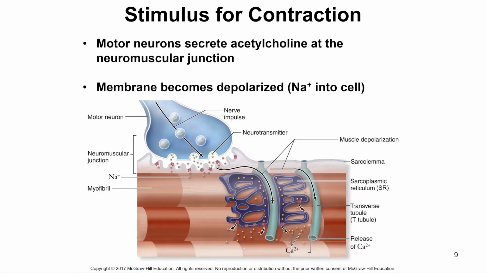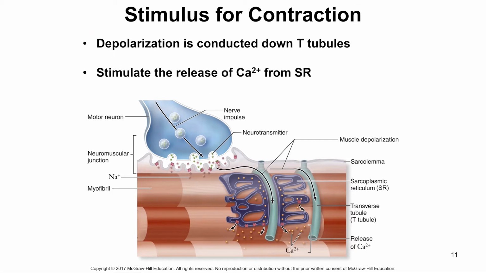So following that action potential in the motor neuron that triggers the secretion of acetylcholine, which then triggers the membrane of the muscle cell to become depolarized, triggering a muscle cell action potential. This resulting depolarization is conducted down structures called transverse tubules, or T-tubules.